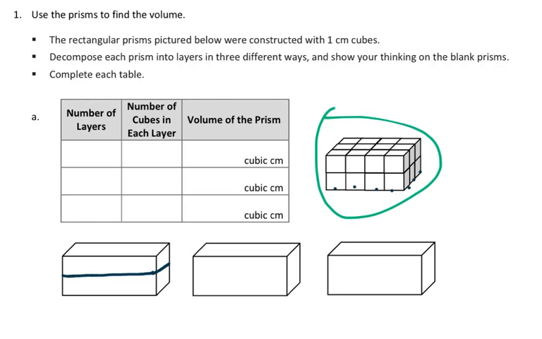So I have 12 cubic centimeters here, and then this top layer would also be 12 cubic centimeters. So the number of layers is 2. Number of cubes in each layer, we said it was 12. So the volume would be 24.